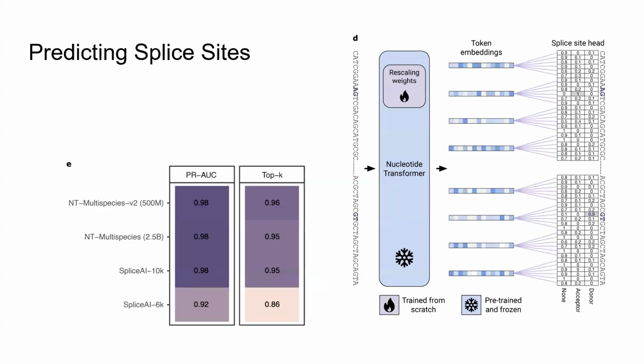Okay, so if we were to train it, how well does it do? Well, we can compare it to, for example, SpliceAI, which was specifically designed to predict these splicing sites, and it actually does about the same if it's trained for that task.